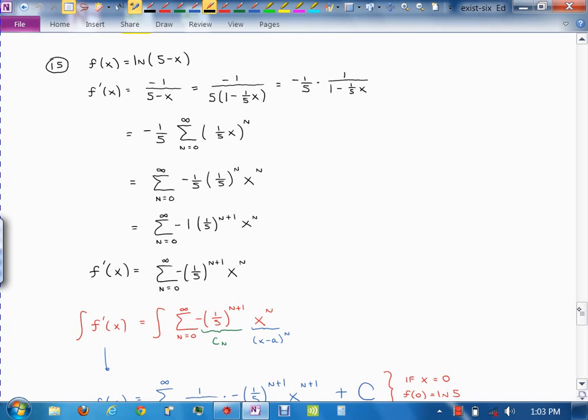I'm not going to go through this in super great detail, because there's really only one part of it that I didn't talk too much about in class. You're trying to find the power series representation of natural log of 5 minus x using that formula from last time, the big time one.